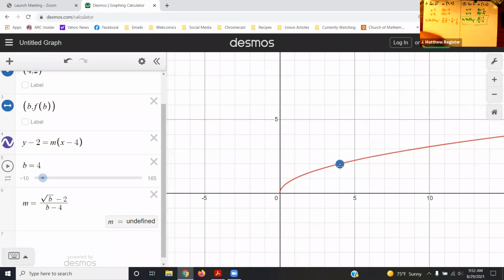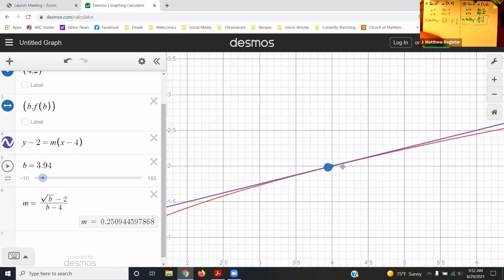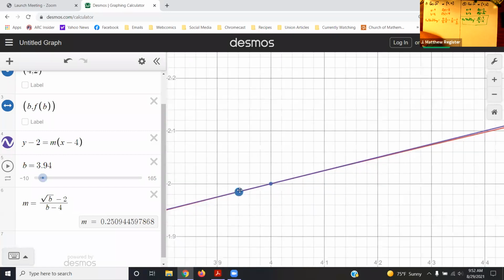But if we come just a hair off, we get 2.487. And if we go a little in the other direction, we get 2.509. And so it looks like it's really close to 0.25. And that would be, again, just the line connecting these two. But we get it as close as we want. We just can't be on top of it.